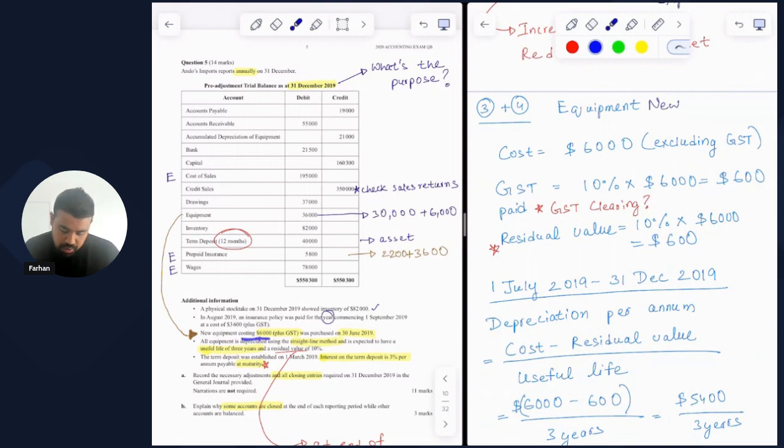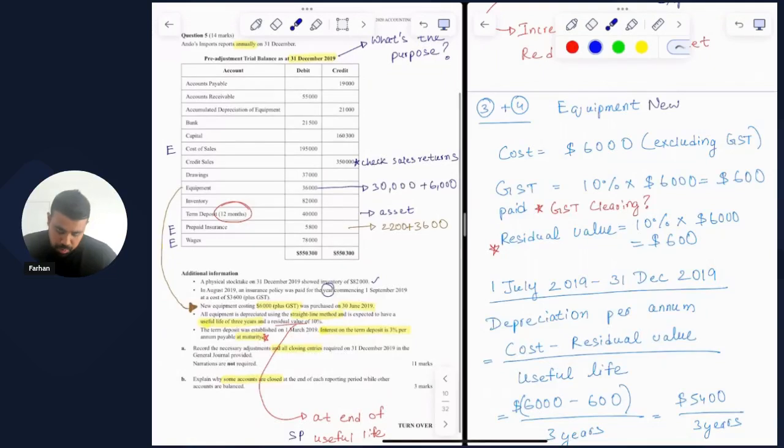New equipment costing $6,000 plus GST was purchased on 30 June 2019, and all equipment is depreciated using the straight line method and is expected to have a useful life of 3 years and a residual value of 10%. Okay, so the new equipment was purchased for $6,000, and this is excluding GST.